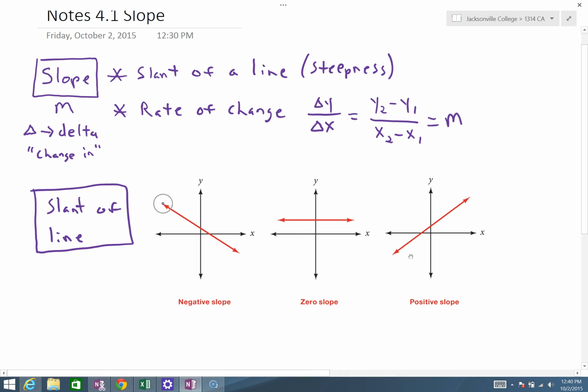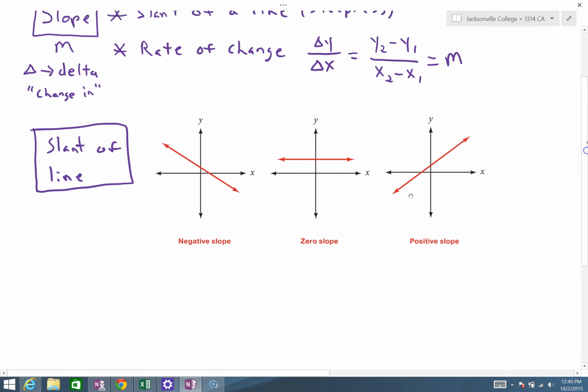If the line, going from left to right, is moving down, we say that it has negative slope. If the line is horizontal, we say that the slope is 0. If the line is moving up, we say that it's positive slope. This makes sense to me. 0 is the number between the negatives and the positives, and this line is in between those two lines in terms of its slope.